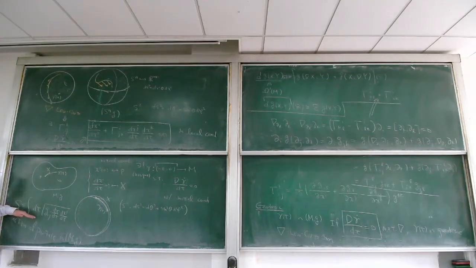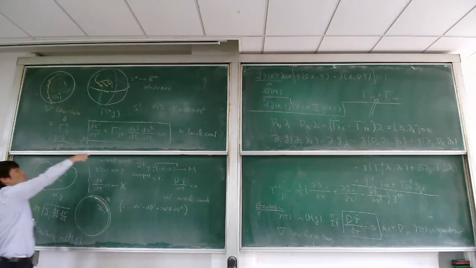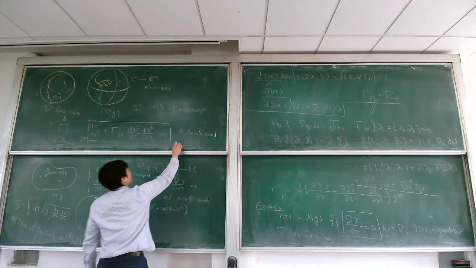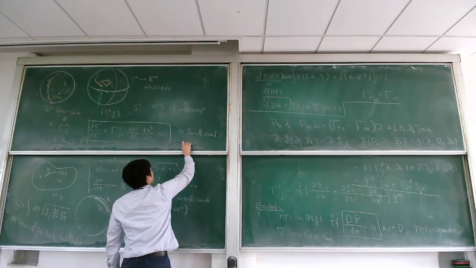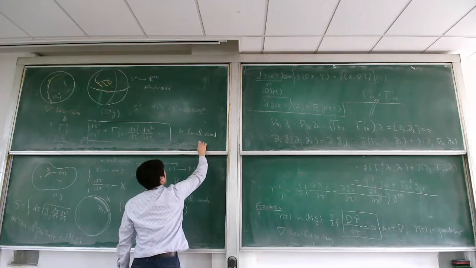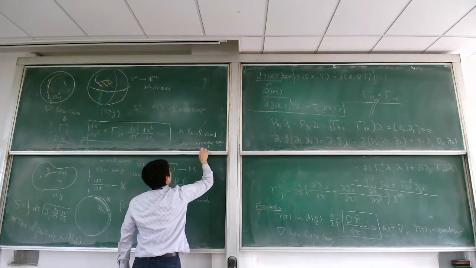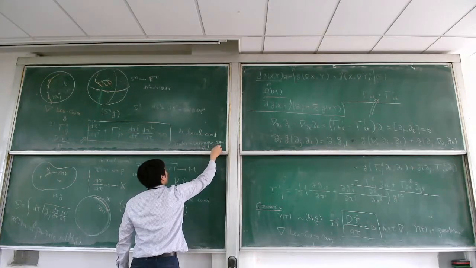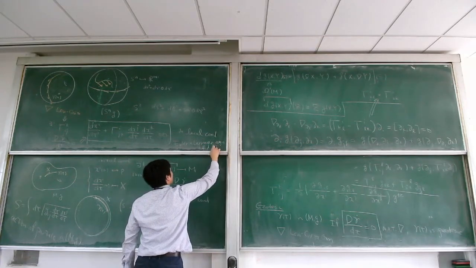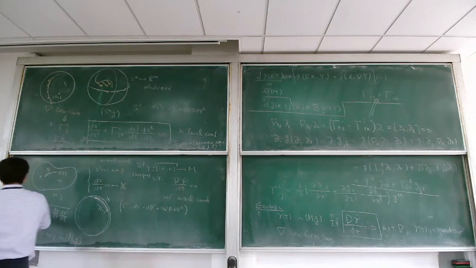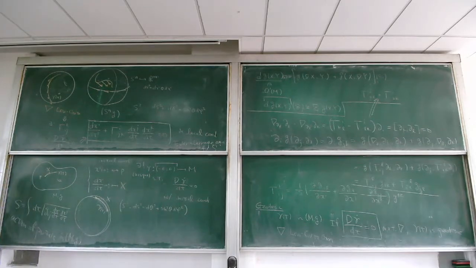And since this is the Euler-Lagrange equation for this action S, that's how you derive the geodesic in GR. Therefore, since it's an Euler-Lagrange equation, it minimizes the action.